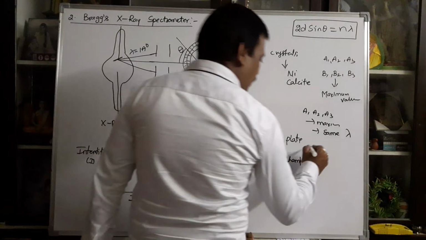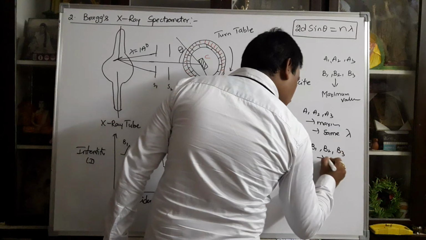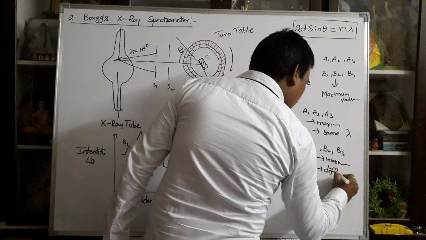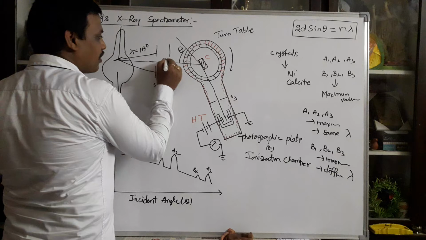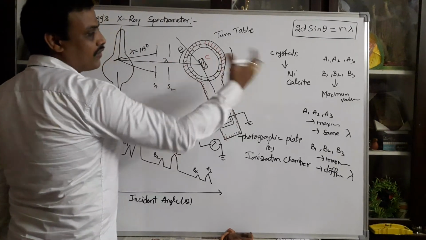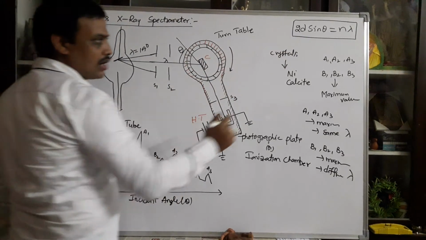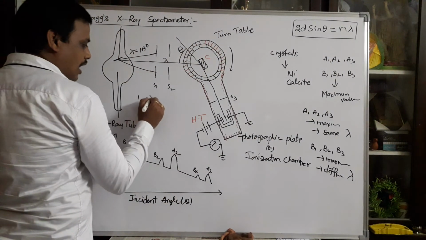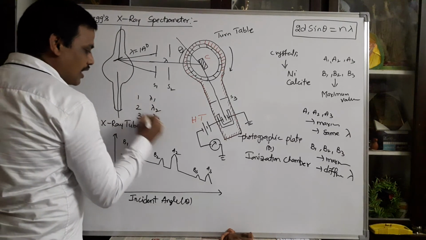What are B1, B2, B3? B1, B2, B3 are also maximum values, but with different wavelengths. Here the X-rays are incident with wavelength lambda, and based on this lambda you can observe readings at different conditions, theta 1, theta 2, theta 3, and so on, at which the maximum values A1, A2, A3 occur. Otherwise, the first observation can be taken as lambda 1, the second as lambda 2, the third as lambda 3.